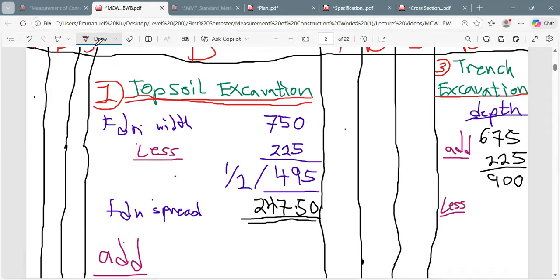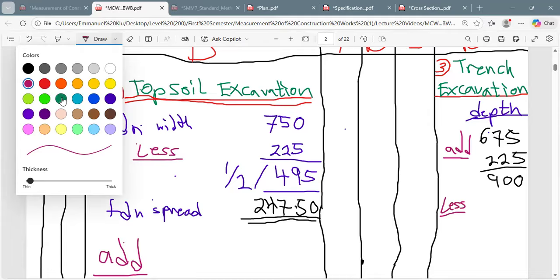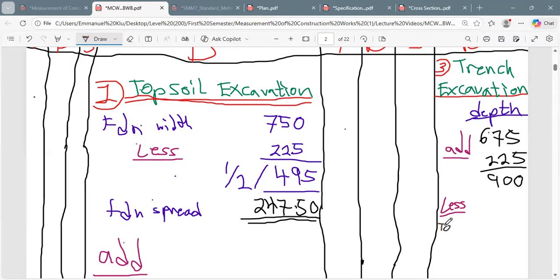And lessing of the topsoil, they say we should less the topsoil, and that is 150. Since this one is in mm, let's put the other one also in mm. So that becomes the 150.